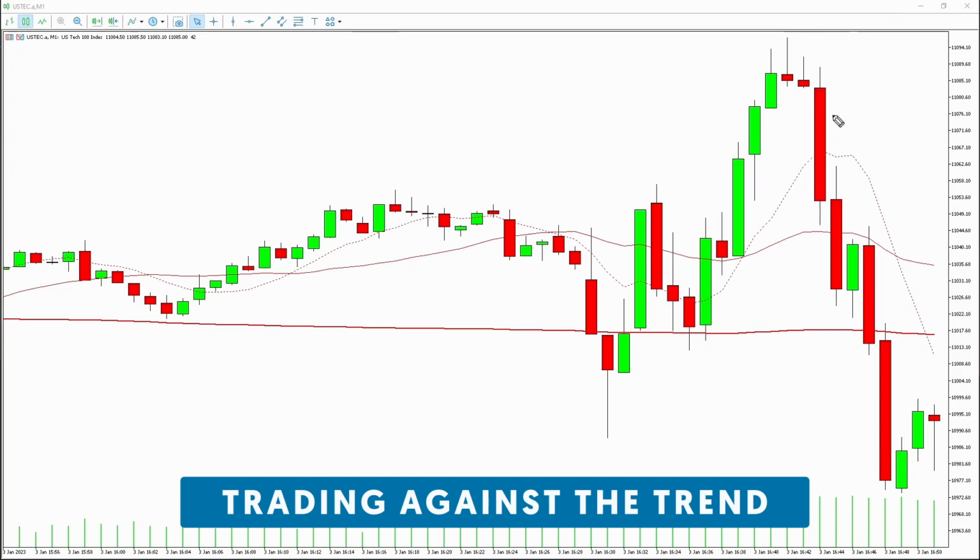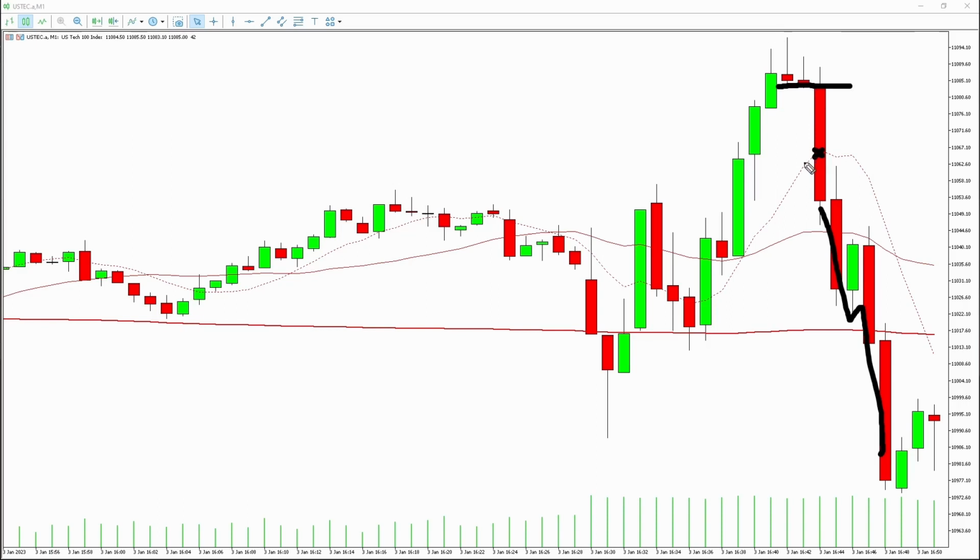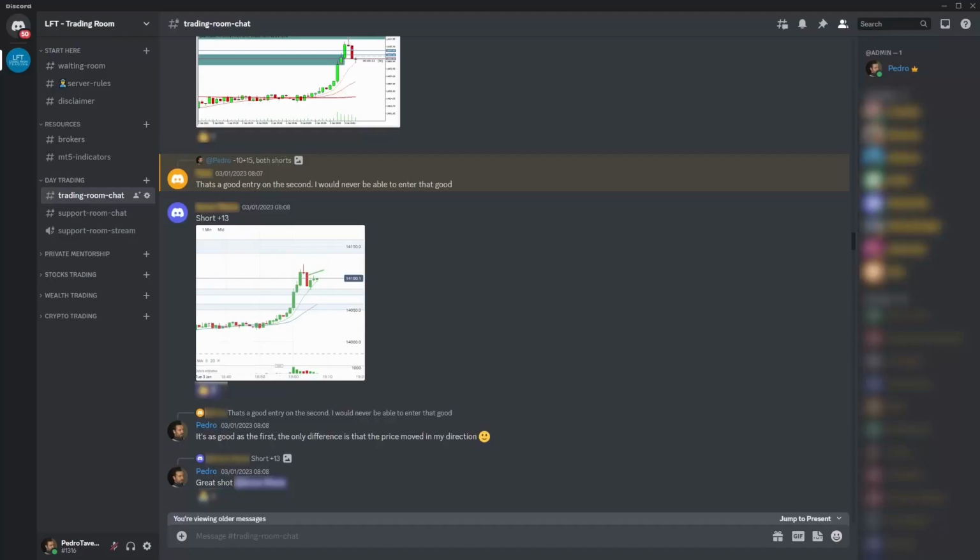You already know that you don't want to see big red candles like that. This is a possible signal that the price wants to go lower. But the thing here is that you want to be far away from the moving averages to go counter trend and target the next moving average.